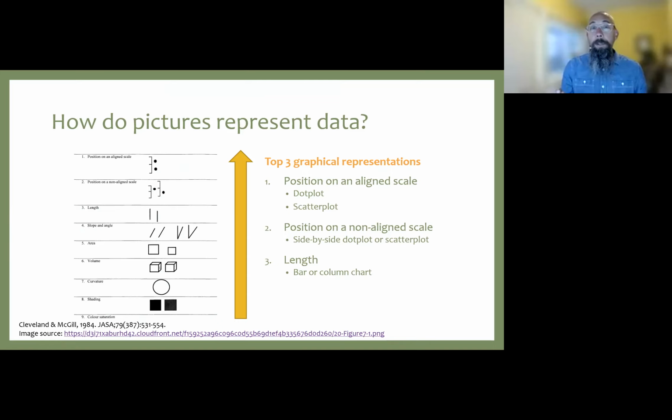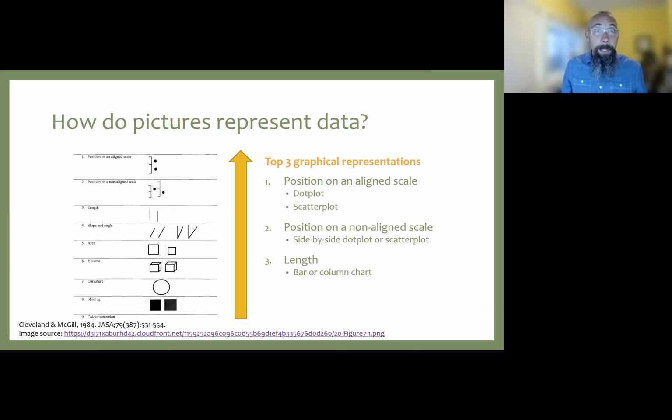And so we want to represent data in some sort of visually compelling way. So I think a natural question to ask is, how do our brains work? How is it that we cognitively process pictures and interpret numbers? How do we understand that?